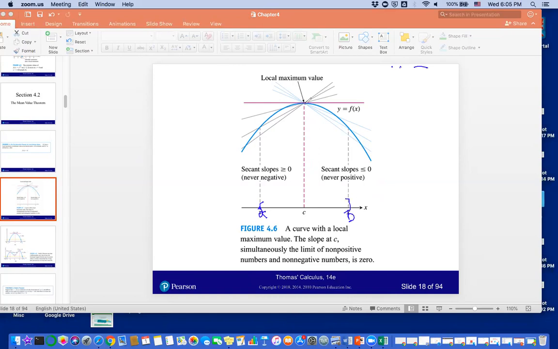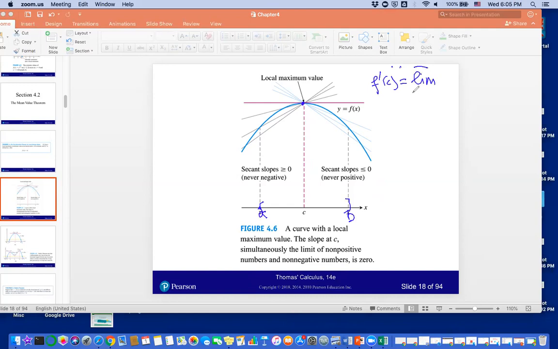Right, so now I'm going to look at the secant slopes. I'm going to attempt to compute f prime at C. Now, does this look familiar?